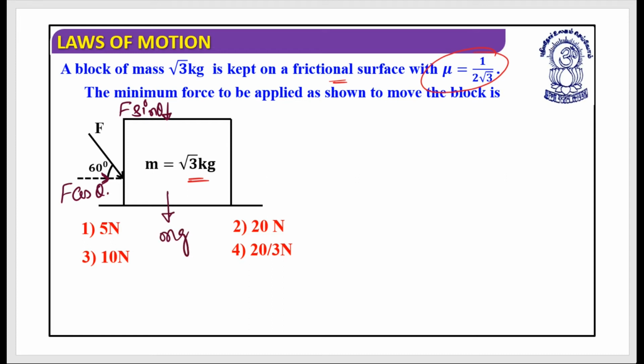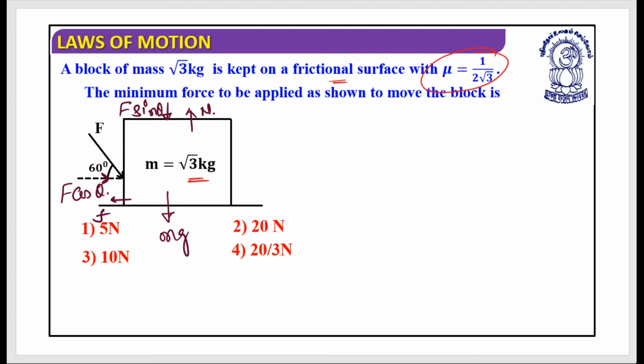And from the table, there will be a normal force acting on the block. If it is going to move in the positive x direction, the friction will be in the negative x direction.